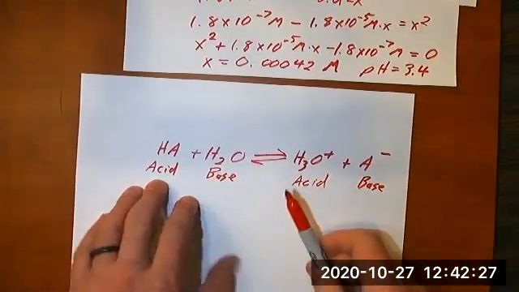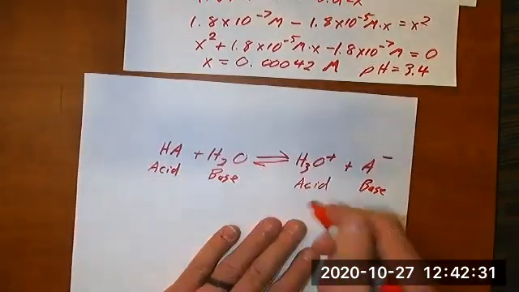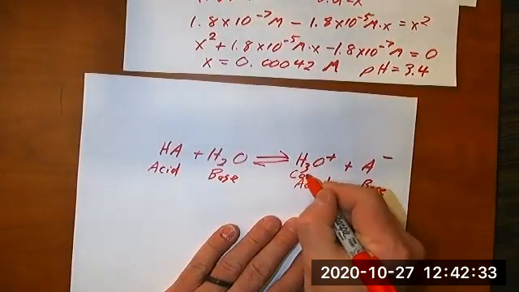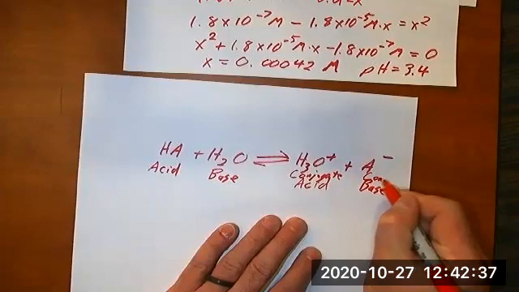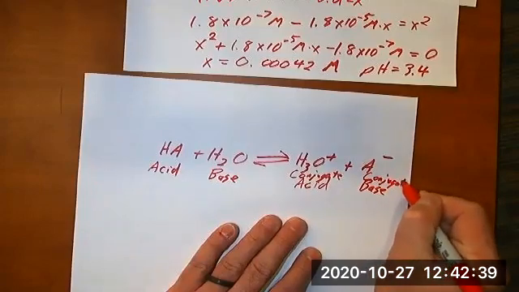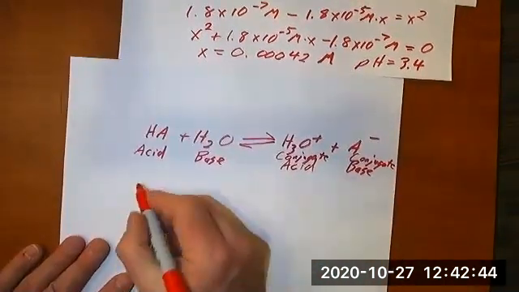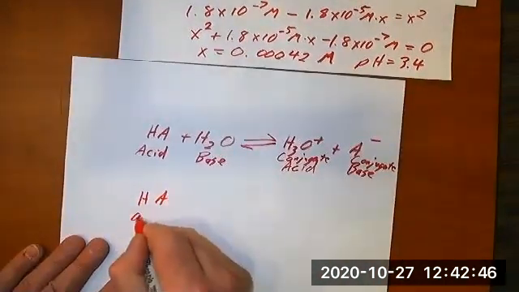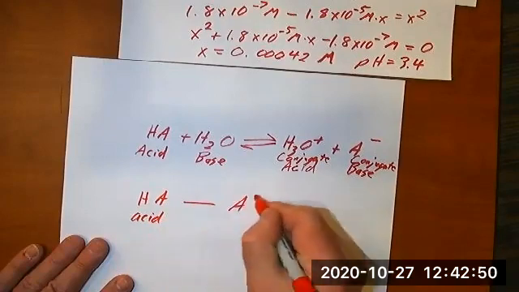And because there's a relationship between the left-hand side and the right-hand side, there are special names for these. This is the conjugate acid and the conjugate base. So if you have an arbitrary acid HA, its conjugate base is A minus.